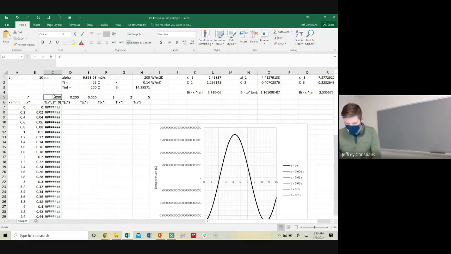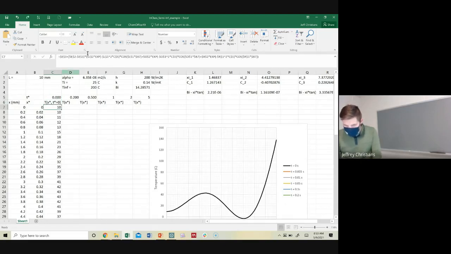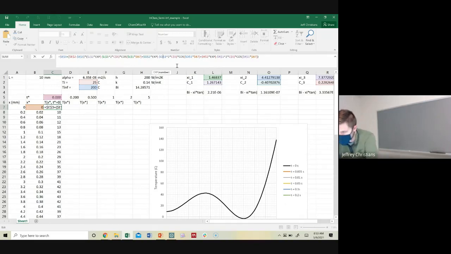No, that's not right. Do I not have a minus sign there? Minus T star. It's super weird. Why is that giving me a thing that's blowing up?